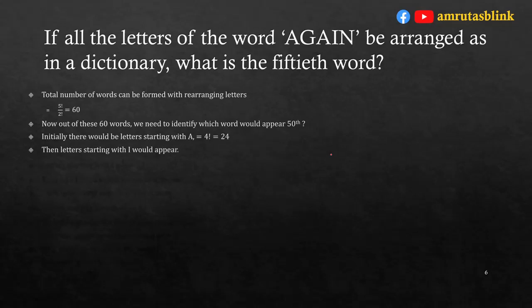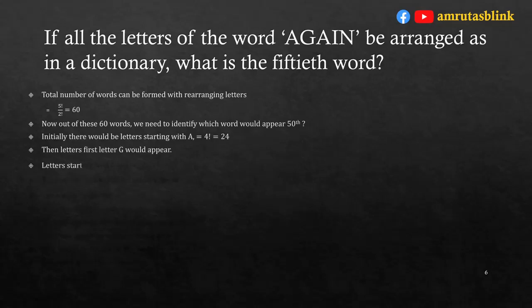So initially there would be words with the letter starting from A. So first of all we will calculate how many words will be there which can start from A. Now, how many words are there? There are 4 factorial words, that is 24 words which can start with A.